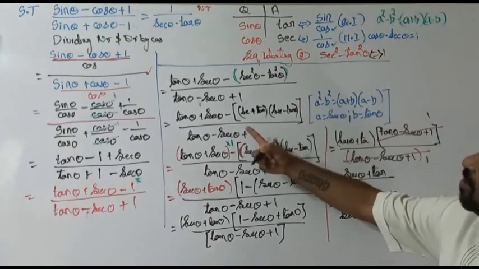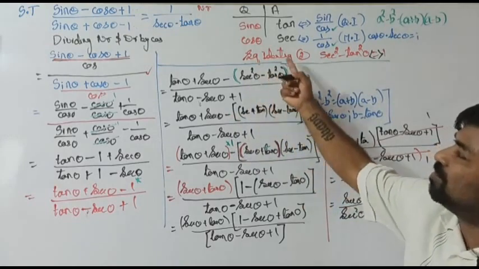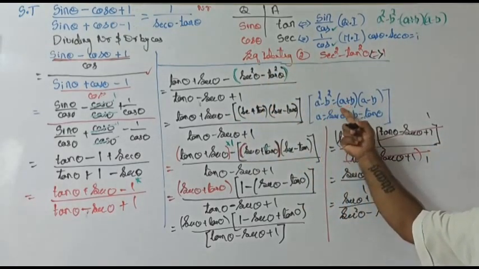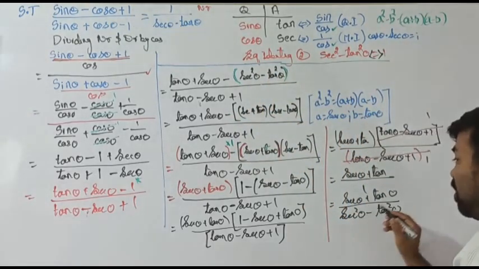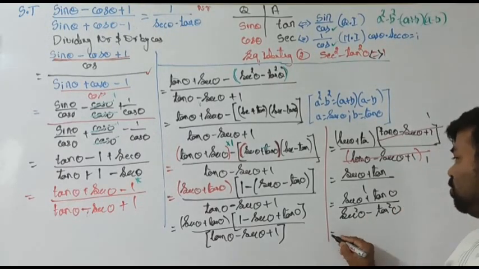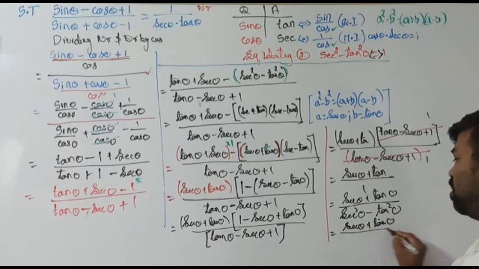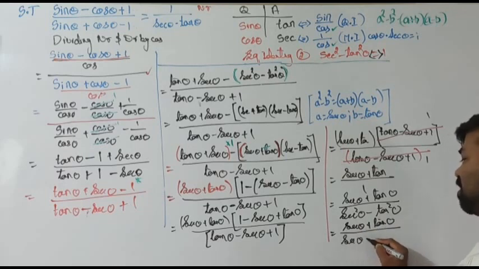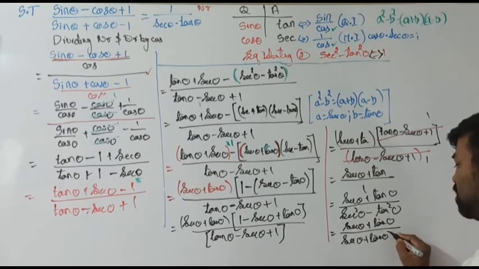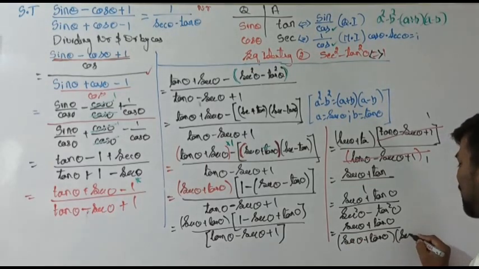Right. Again, when it is in the form of secant square theta minus tan square theta, we are splitting in terms of a plus b into a minus b. That's what I am doing here. Secant theta plus tan theta whole divided by secant theta plus tan theta into secant theta minus tan theta.